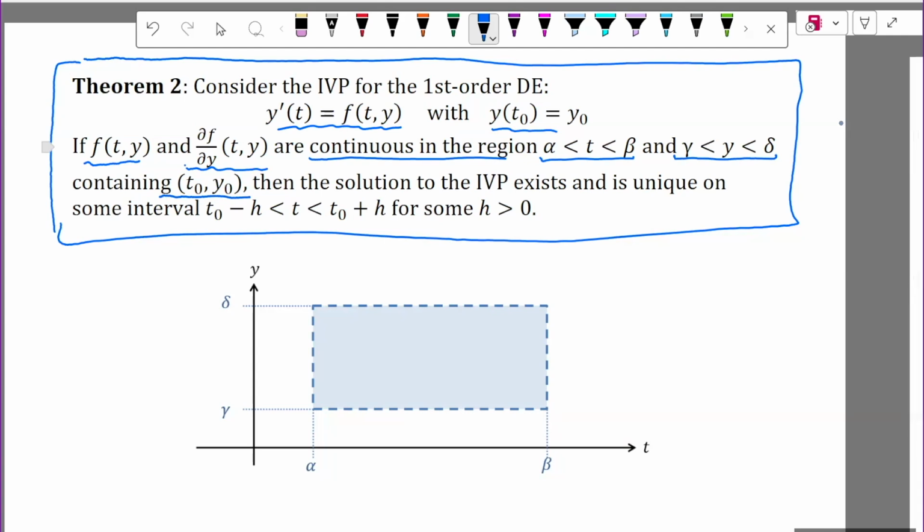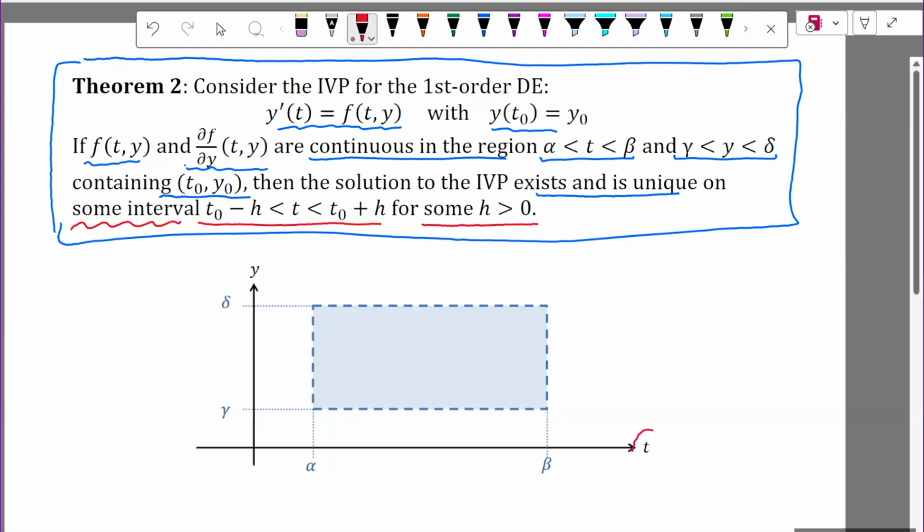It says that the solution to the initial value problem exists and is unique on some interval of time surrounding our initial time, t naught, and that interval can be of size some h. That h, the size of that interval, is not guaranteed. So in this rectangle down here, we can see what this looks like.